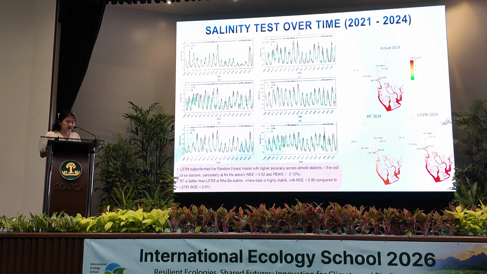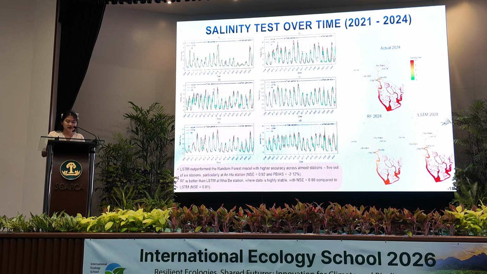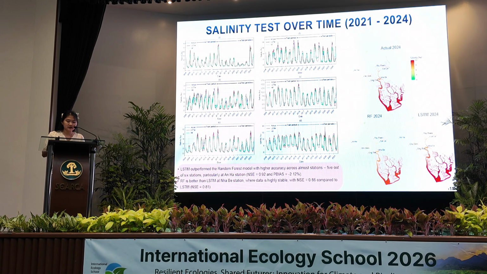Moving to the model evaluation, with overall performance at 5 out of 6 stations being equivalent and superior, long short-term memory has shown a better ability to capture trends than random forest, especially at times of unusual fluctuation, typically at An Hạ Station.